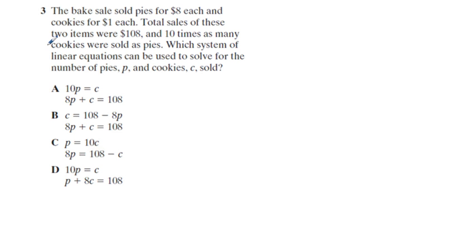Next, 3. Okay, we have the bake sale sold pies. So we'll say pies is equal to P. And then cookies, we'll say C, so cookies equals C. So pies are $8 each.